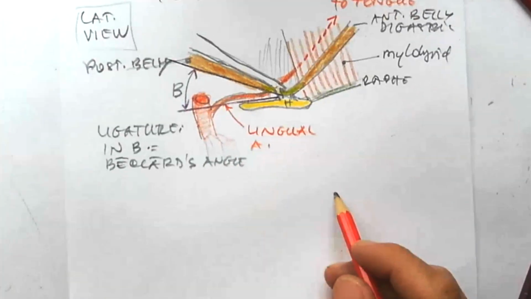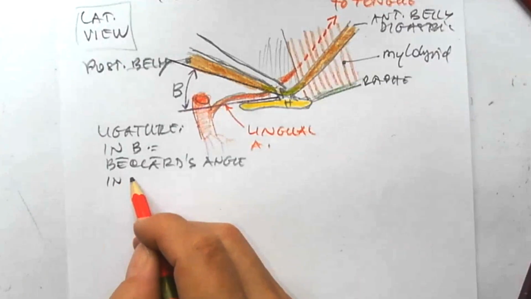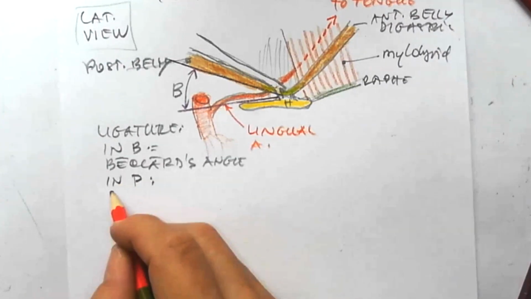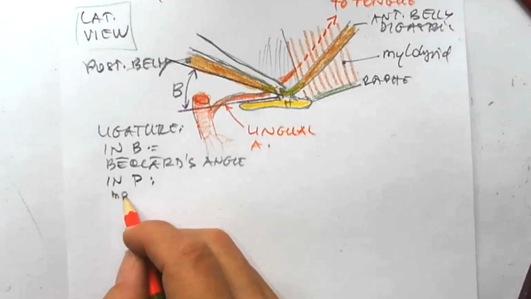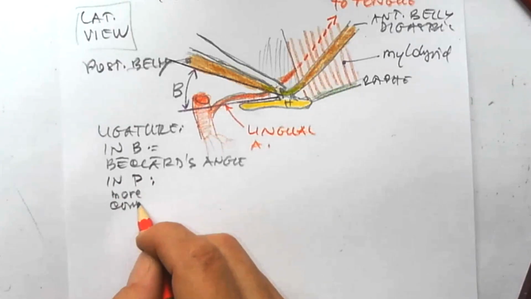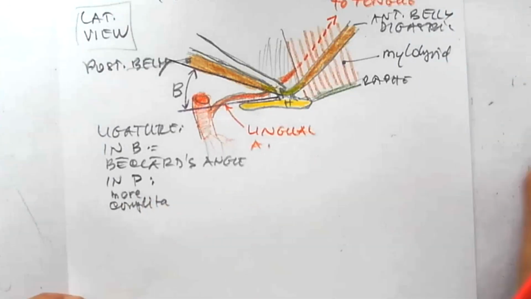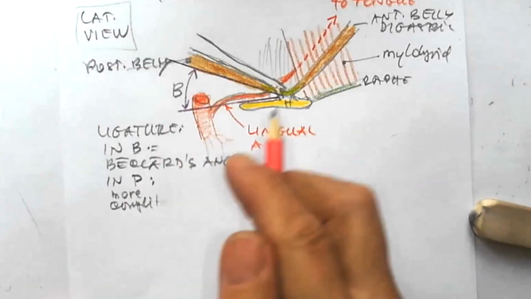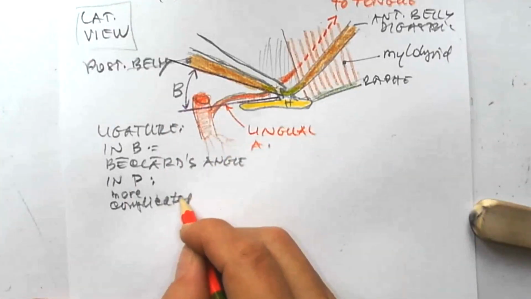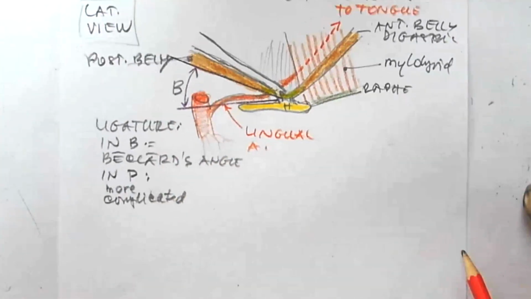H is hyoid, or also in Pirogov, in P, which is more complicated because it is deeper.